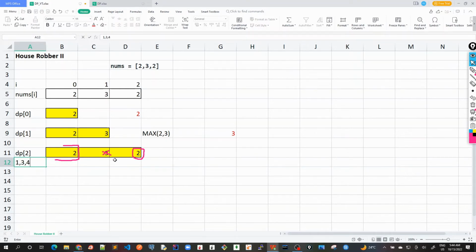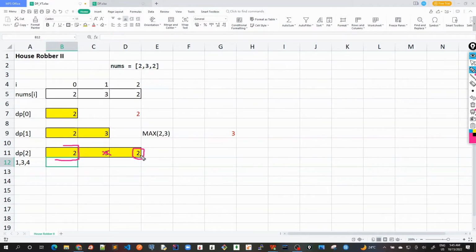So whatever the houses were there, we have already calculated the dp until this point, which is the index of this minus 2. So whatever the value is at this particular dp of this index would be taken, plus the amount which is stored here, because we cannot rob the house which is adjacent to this house, to house 2.